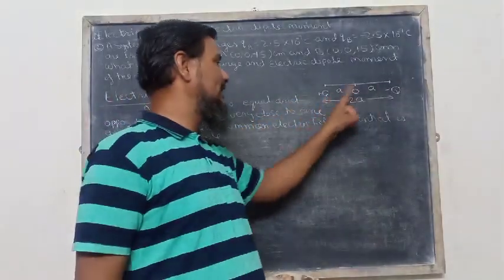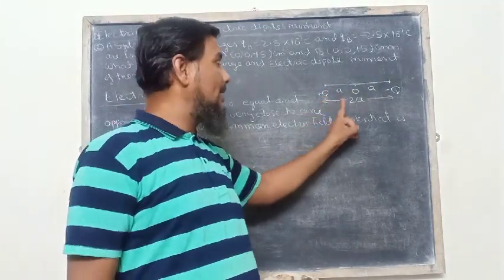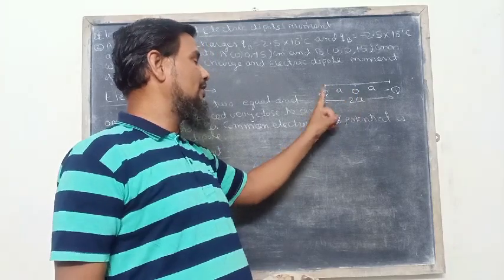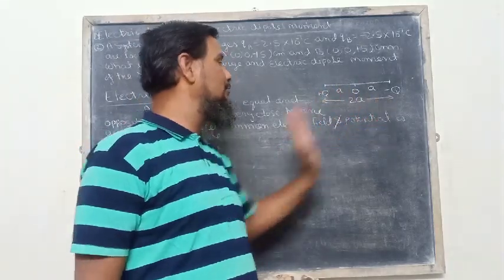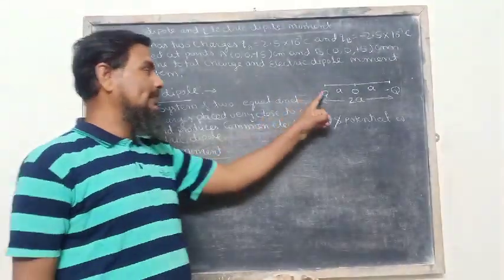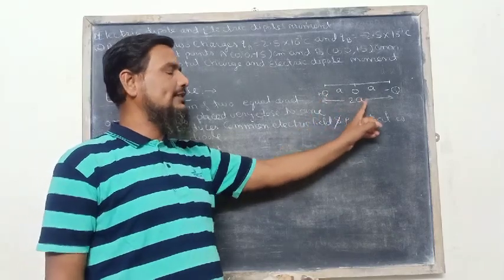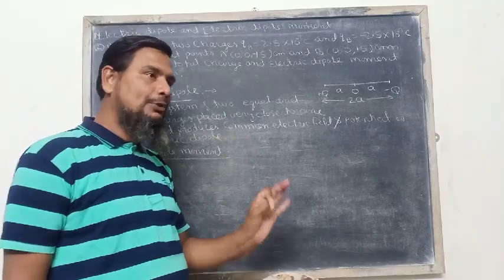We have considered equal and opposite charges, so we consider either charge. The distance of each charge from the midpoint is A, so the separation of the two charges is 2A. So the dipole moment is the product of either charge, Q, multiplied by the separation of charges, 2A. This is called the electric dipole moment.